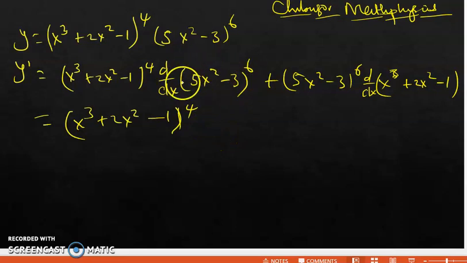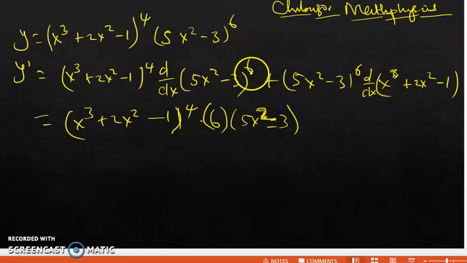If we differentiate this, we simply bring down the 6, multiplied by 5x squared minus 3, and then minus 1 in the power. This will give us 5.